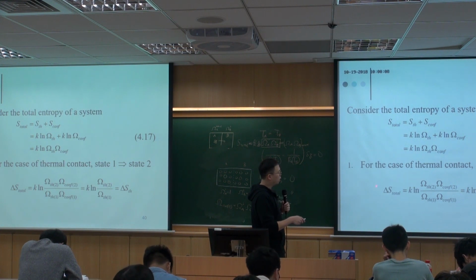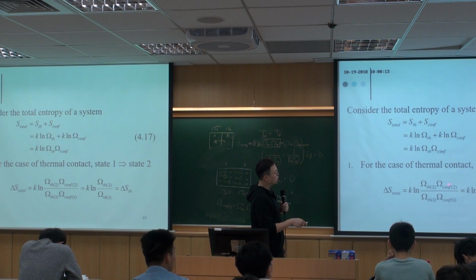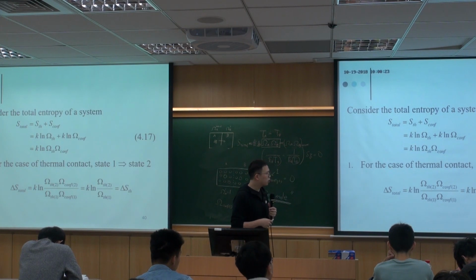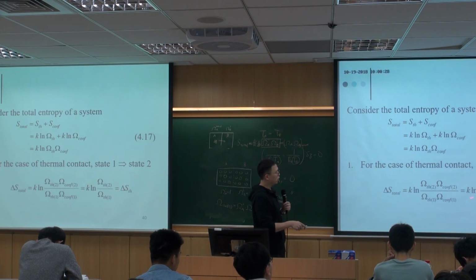For instance, delta S total should be k log of the final state thermal omega times configuration omega over the initial state. And if there's no configurational change, but only heat exchange, then these two are the same.